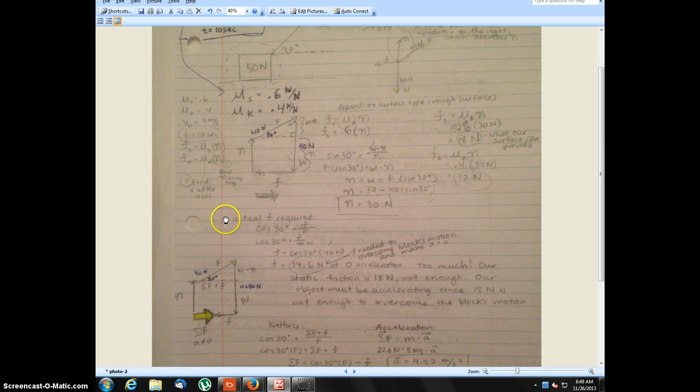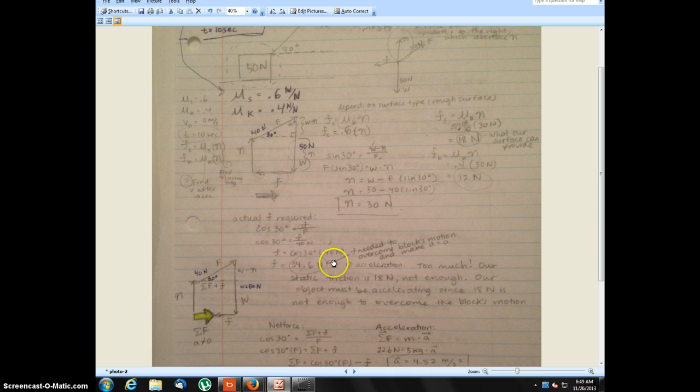So now we're going to actually calculate the friction required for our acceleration to be 0, and we use our trigonometry using the cosine rule of adjacent over hypotenuse, and we get cosine of 30 degrees equals our friction, because this part right here is the same length as our friction, so we just move it up, over our applied force here. And we end up with 34.6 newtons, which is the force needed to overcome our block's motion and make our acceleration 0.